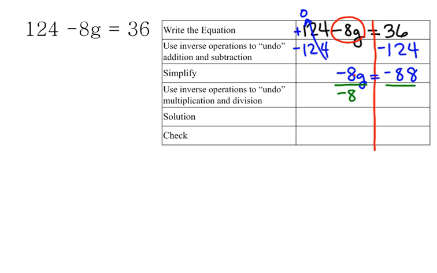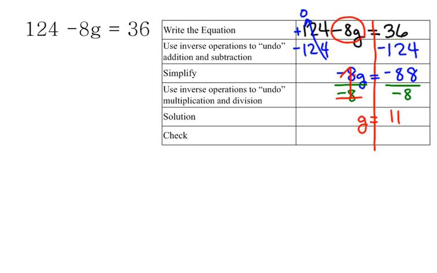What I do on one side, I do to the other. And negative 8 divided by negative 8 is the whole number 1. So now what I am left with is 1g. You know I'm just going to write g. And negative 88 divided by negative 8 is positive 11.